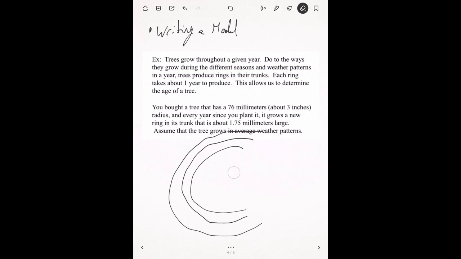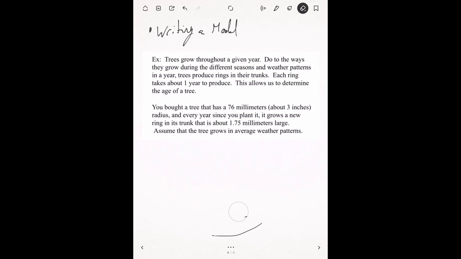Okay, so let's get a clear work area, because what we want to do is come up with how we might go about writing the equation. Now, I need a y equals mx plus b. y is going to be the radius, and x is going to be the years.